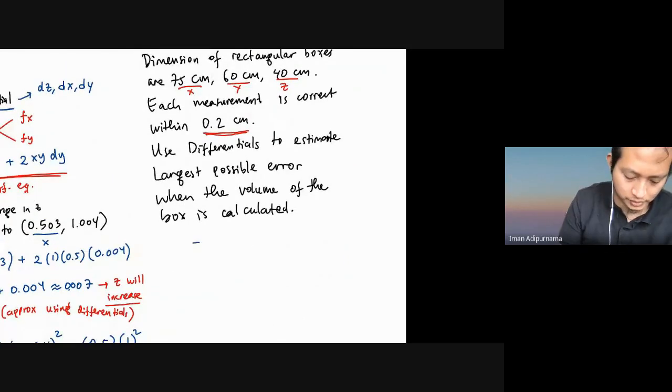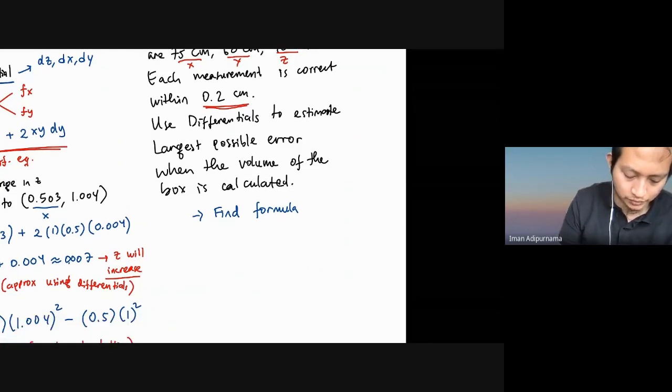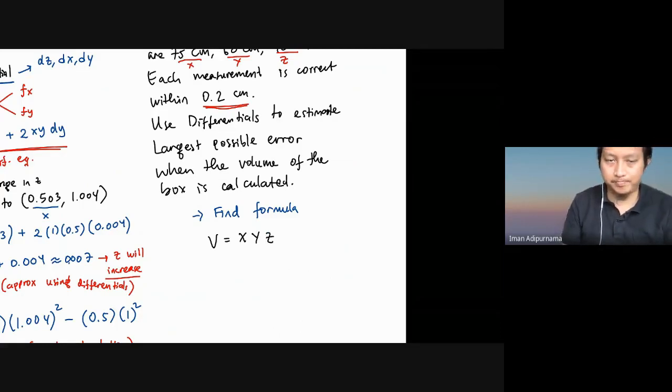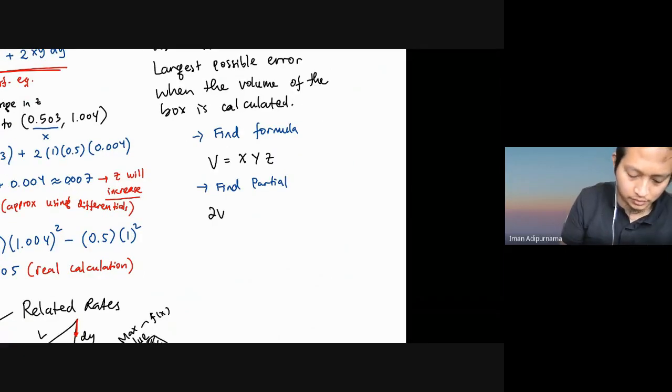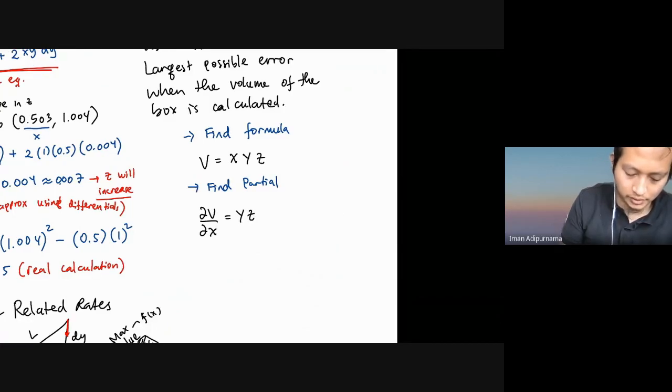So first what we are going to do is find the formula. So we just need the volume formula, which is xyz. And then after that, we need to find the partial x.